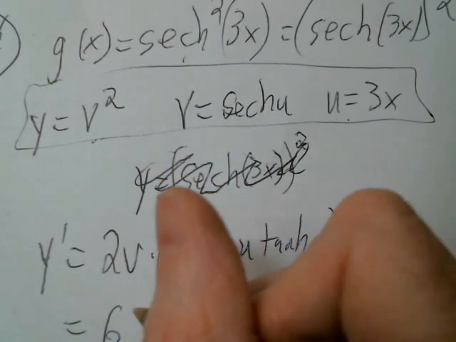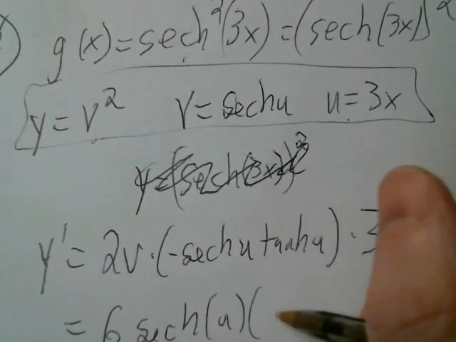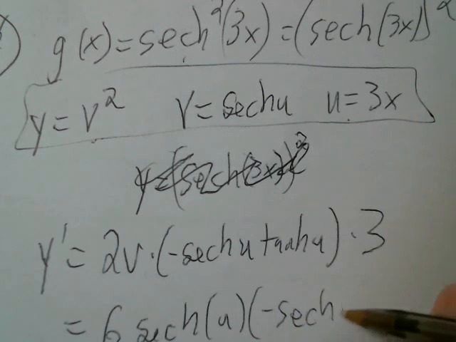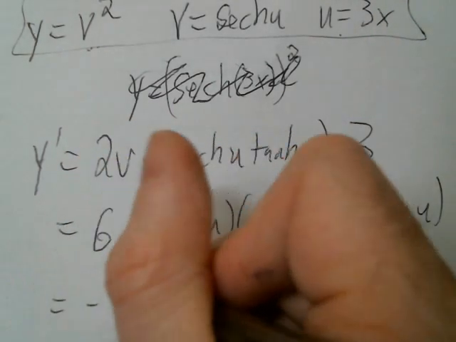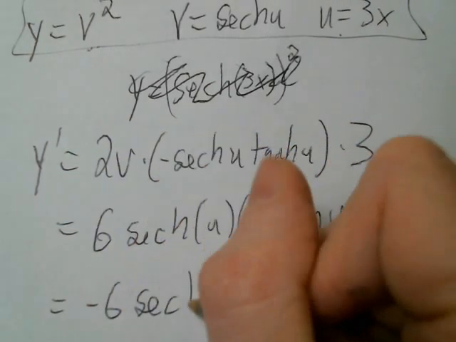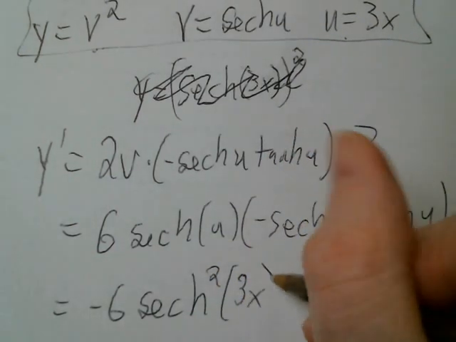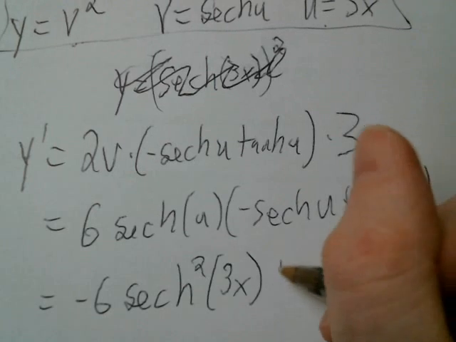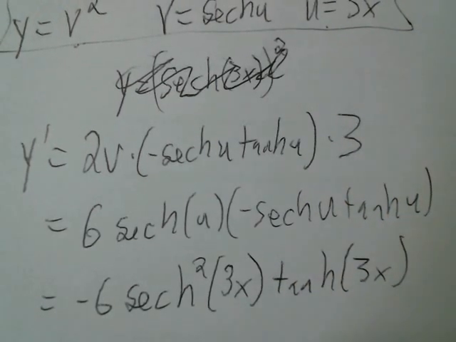That'll be 6 times v, which is hyperbolic secant of u, times negative hyperbolic secant of u tanh of u, and then you can pull out the negative, so this would be negative 6 hyperbolic secant squared of u times hyperbolic tangent of u, where u is 3x. Okay, that's a hard one.